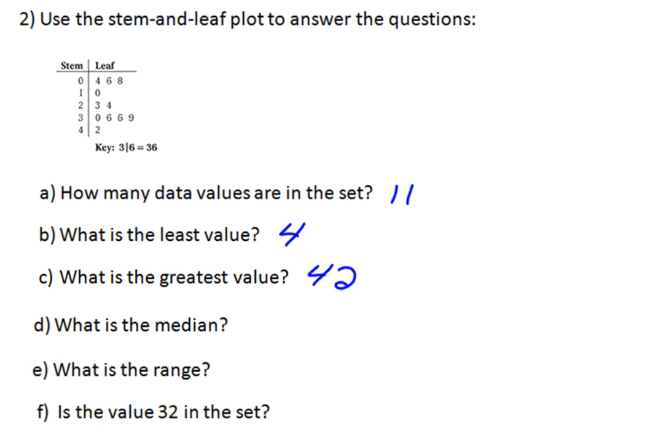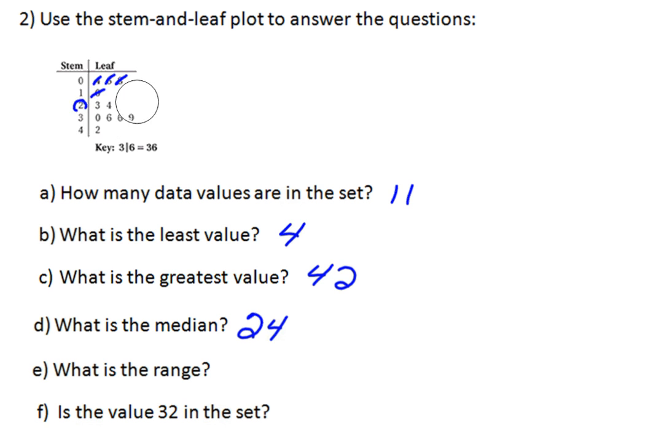What is the median? Again, you can write all your numbers out the long way. I'm going to do it straight from the stem and leaf. The smallest cancels the biggest. And 24 is your median. The 2 and the 4, 24.